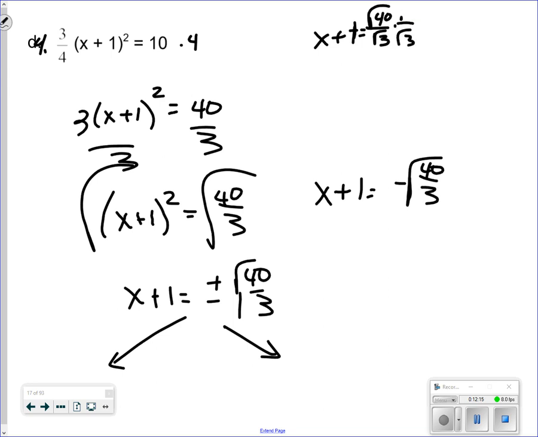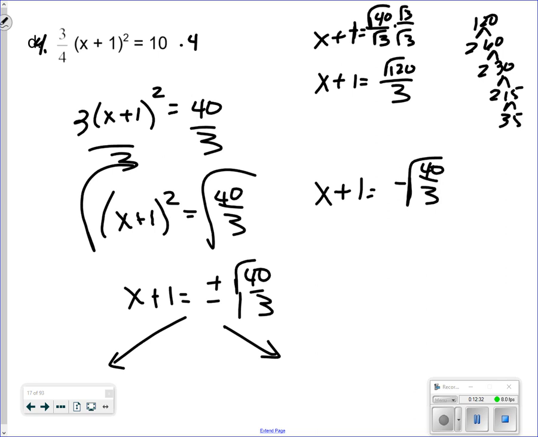Multiply both top and bottom by the square root of 3. So I end up with the square root of 120 over 3. 120 has a pair in it, so I need to simplify it. So I end up getting 4 square roots of 30 over 3, and then I would subtract 1.